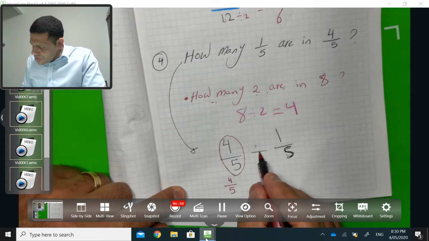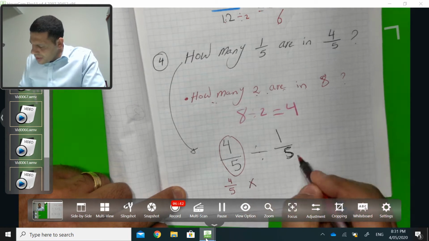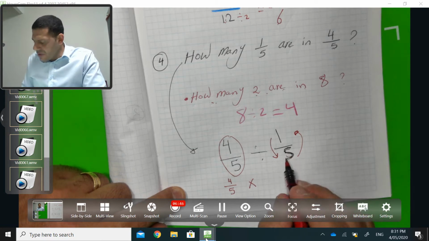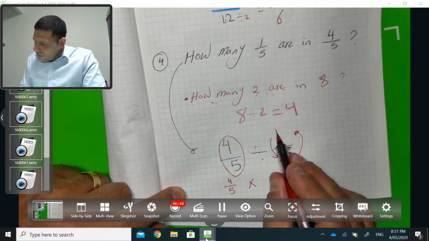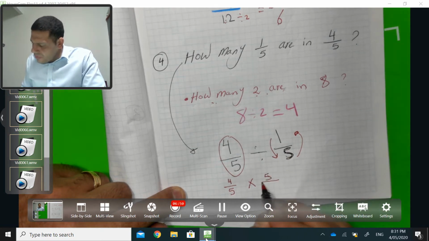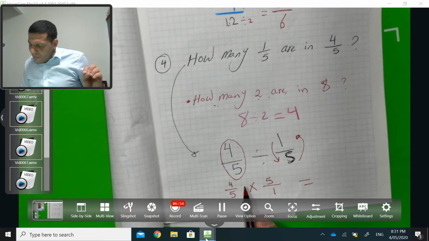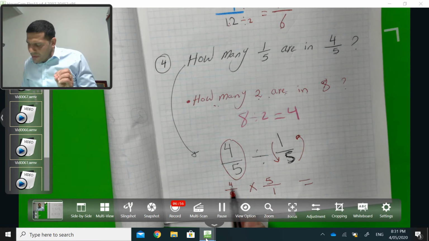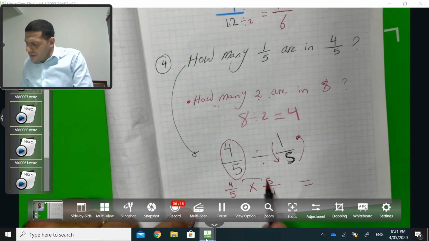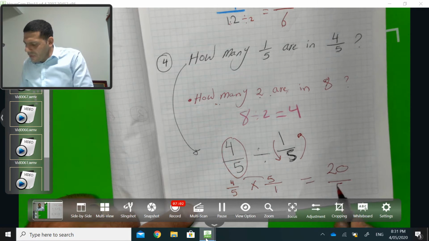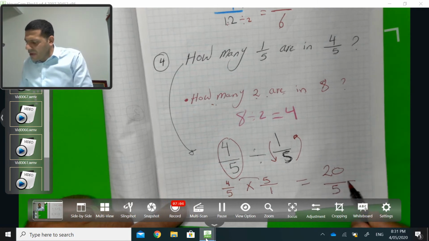And then change division into multiplication. And then you flip the second fraction or get the reciprocal. So you write 1 over 5 as 5 over 1. And then you write the new fraction. You multiply the numerators together. 4 times 5 is 20 over 5 times 1 is 5, and then 20 divided by 5 is 4.